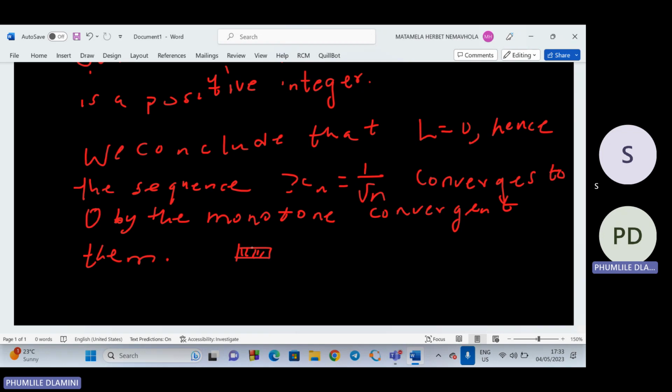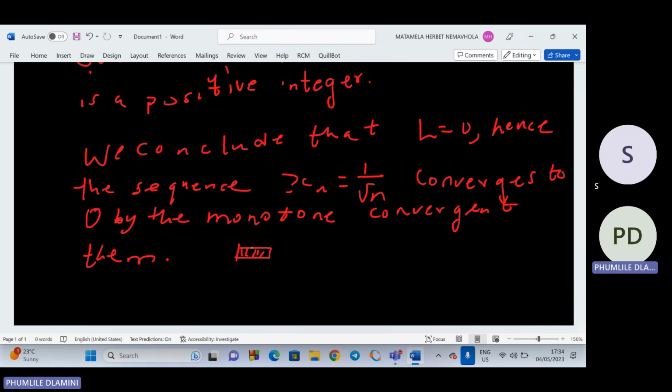Therefore, by the monotone convergence theorem, the limit as n approaches infinity of xn equals 0. So this proof is fine. His proof was okay, but he missed one step: he missed a step to prove that the lower bound is indeed 0. So he must also prove that the lower bound is 0 in that question. Proving that the lower bound is 0 will make this proof very complete.